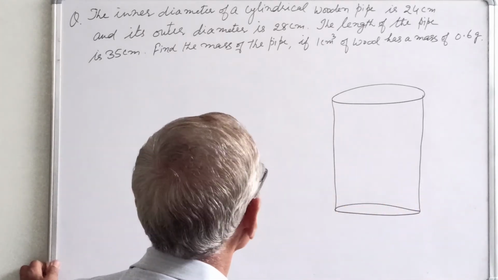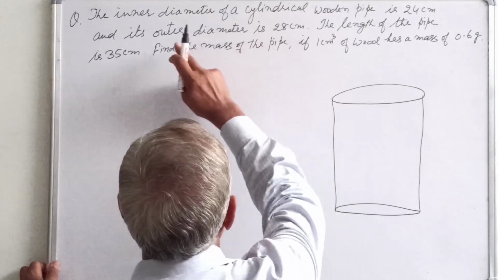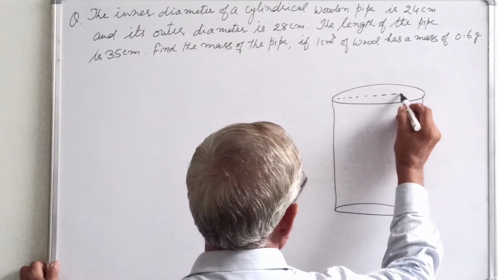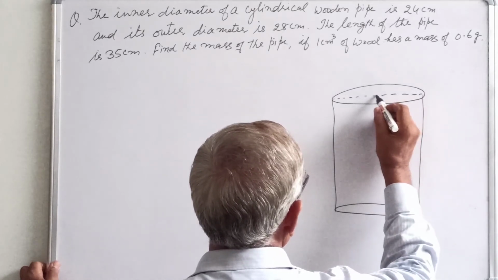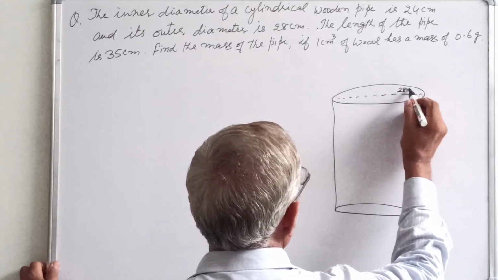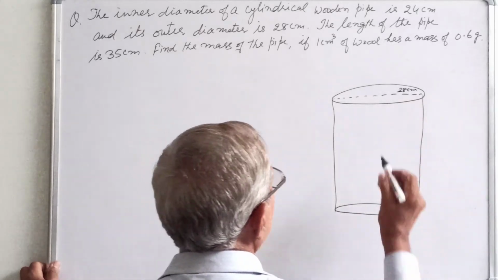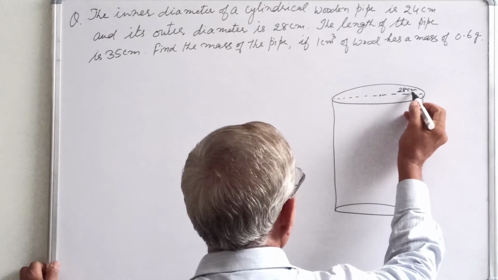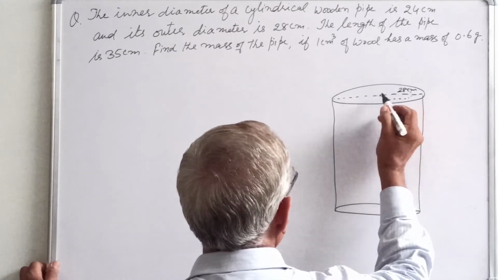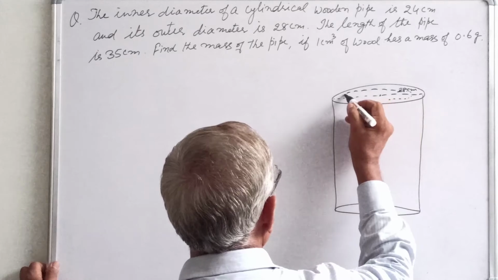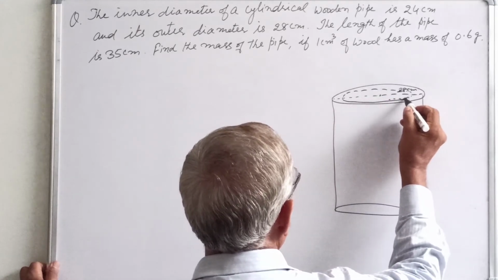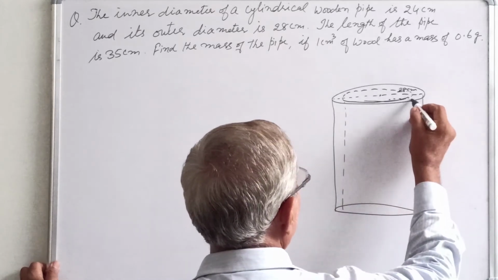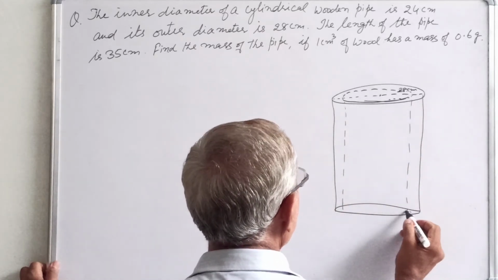This is one cylinder of outer diameter 28, and the inner diameter, another cylinder, that is the inner cylinder.